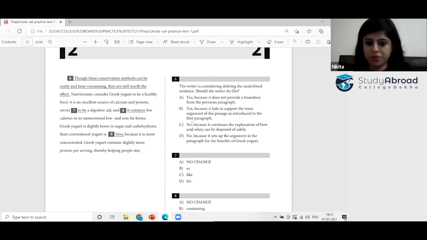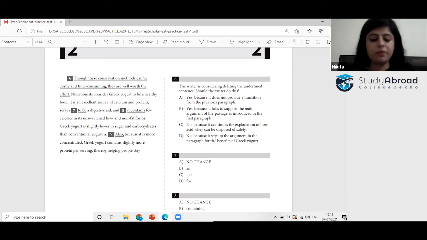You are given options that whether this particular sentence should be deleted or not. Two of the options are saying yes, you should delete it because of this reason. B says yes, delete it because of this reason. C says no, don't delete it with the particular reason that's given over here. And D is also saying no, don't delete it because of this particular reason.